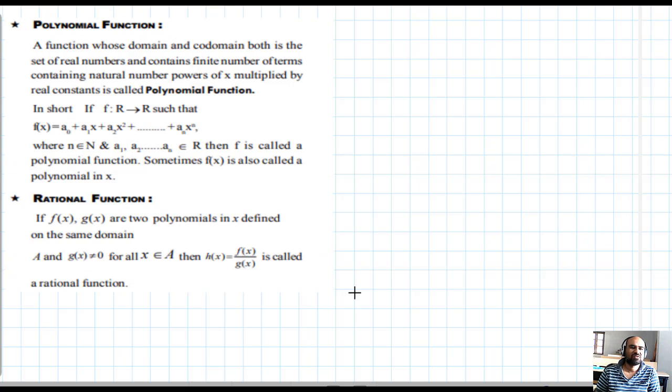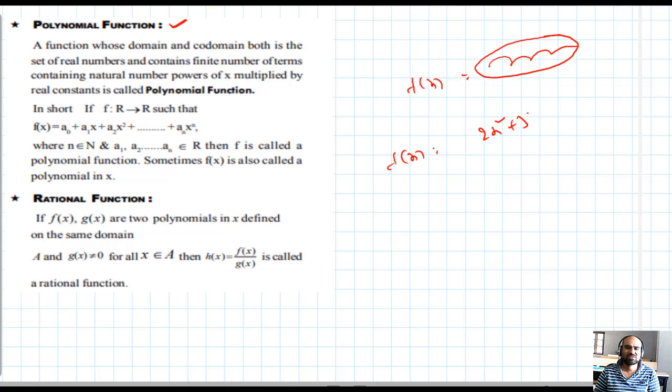Next one. Yeah, polynomial function. Important. f of x equal to, we will write some expression here. That expression should be a polynomial. Such a function is called a polynomial function. Everyone knows the definition of polynomial. f of x is taken as 2x square plus 3x plus 4. This is a polynomial in x.